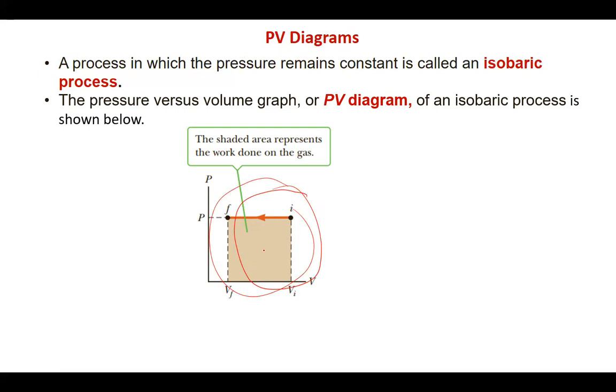The area under the curve is the one that will give you the work done on the gas. The work done on the gas can either be positive or negative, depending on the arrow here. Okay, I'll explain everything in the next example. There's an example just on the next page.